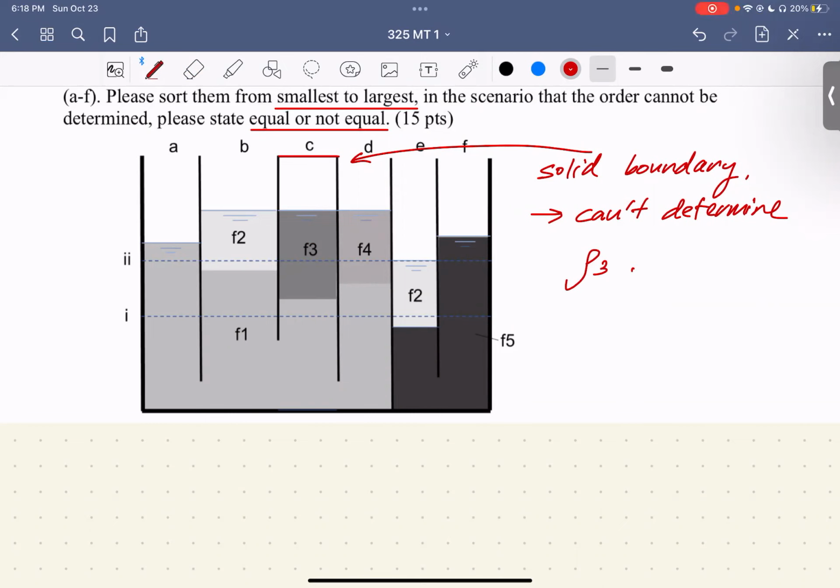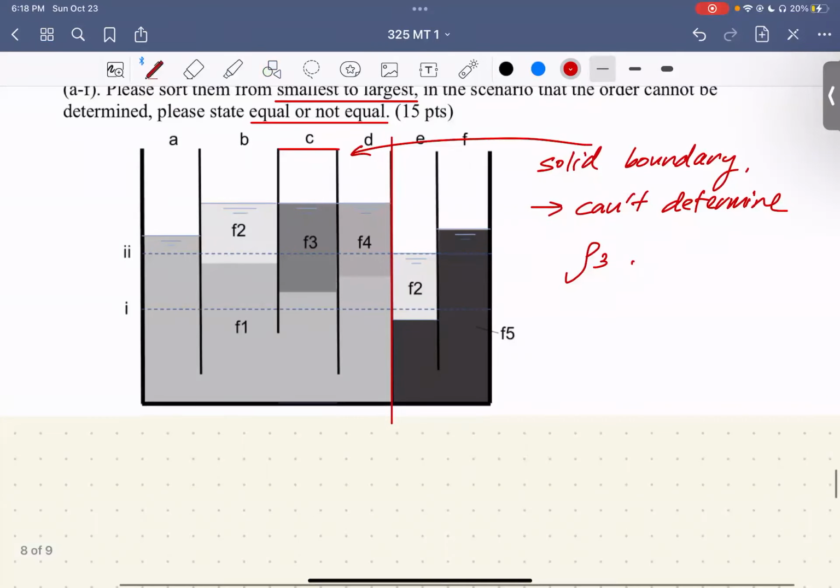So we're looking for these things too. And another thing that we can see right away is that there's a solid boundary right here too, in tubes E and F. That means in this question, we also have a solid boundary.